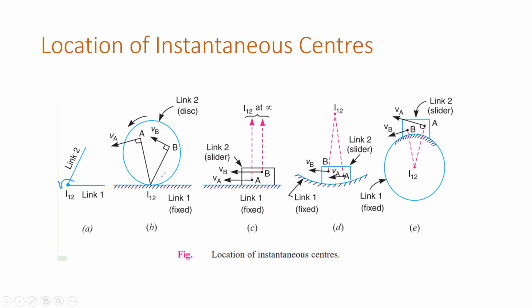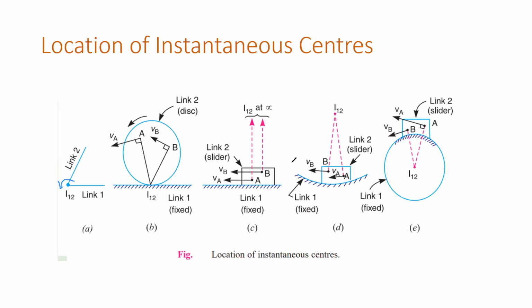Okay, where is it? See, at the point of contact here, you can see that link 2, the disk, is turning with respect to link 1. So this point will be known as I12. Okay.